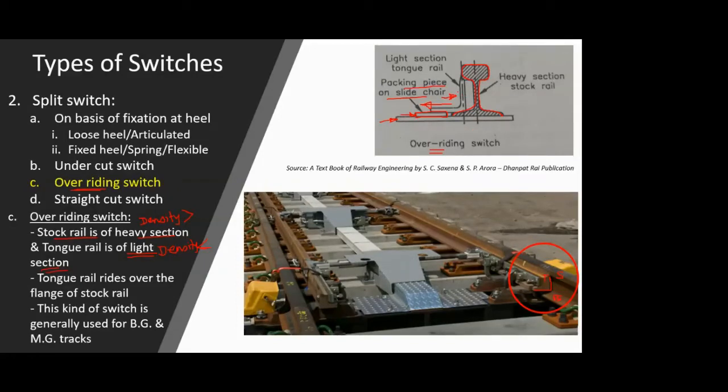So for that purpose, the tongue rail has a light section or lesser density, so that it is not that much affected, so that the lubrication and all the other things will take care of the proper sliding, and this foot will not be affected. So the tongue rail rides over the flange of the stock rail, and these kinds of switches are used now for broad gauge and meter gauge as well. So in many of the sections, even in India, you will find overriding switches at many locations.